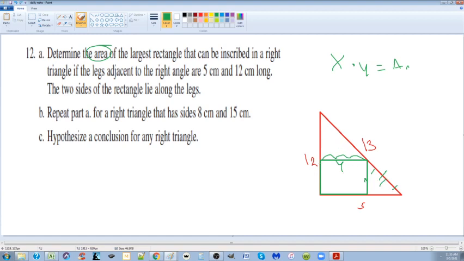I know the dimensions of this thing, right? That x is also related to the 12. I think what it could be is that the area of the triangle minus the area of these other triangles is going to be equal to the area of the box, right?